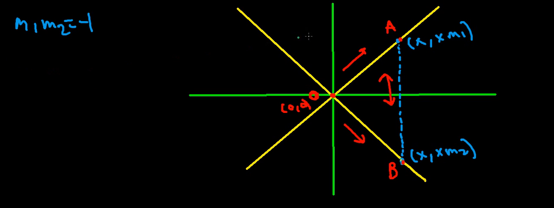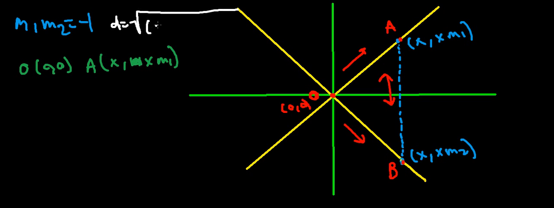So we're going to have to do the distance formula between O and A. O is 0, 0, and A is X, M1. The distance formula is, let me write that in a different color, the square root of (x2 minus x1) squared plus (y2 minus y1) squared.